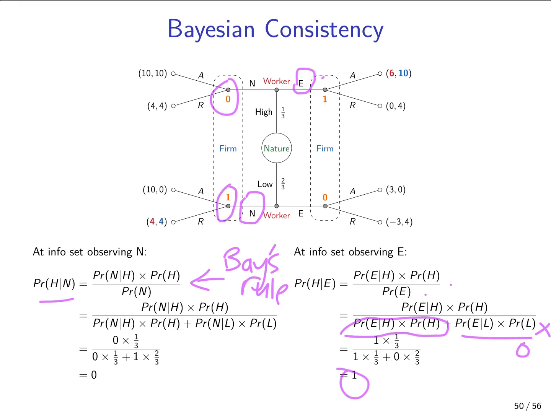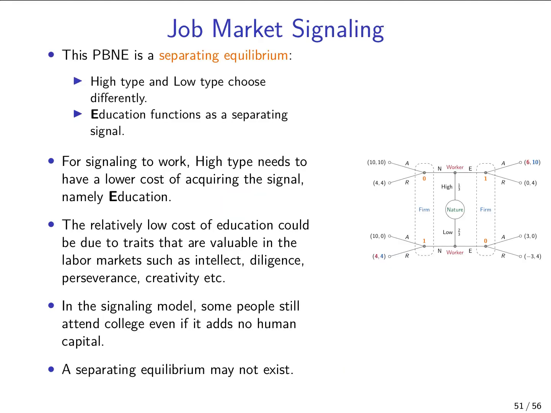So that's a dynamic game with incomplete information. In this equilibrium, the high type would choose to have education and the low type would choose not to have education. By doing so, they signal their types to the potential employer.